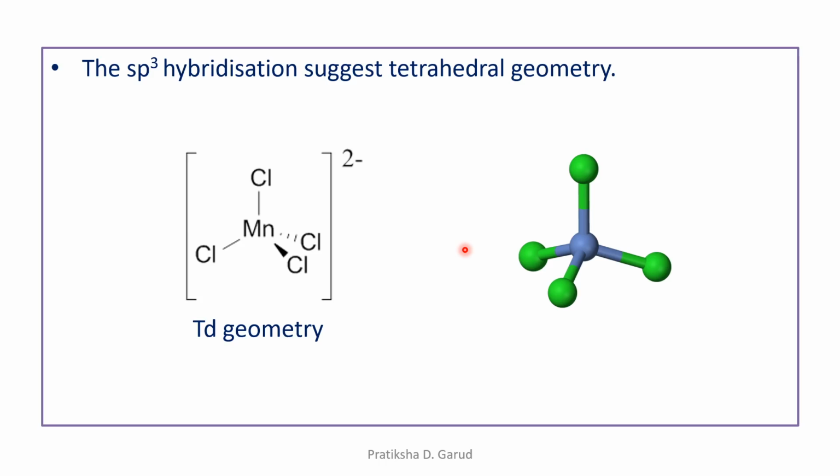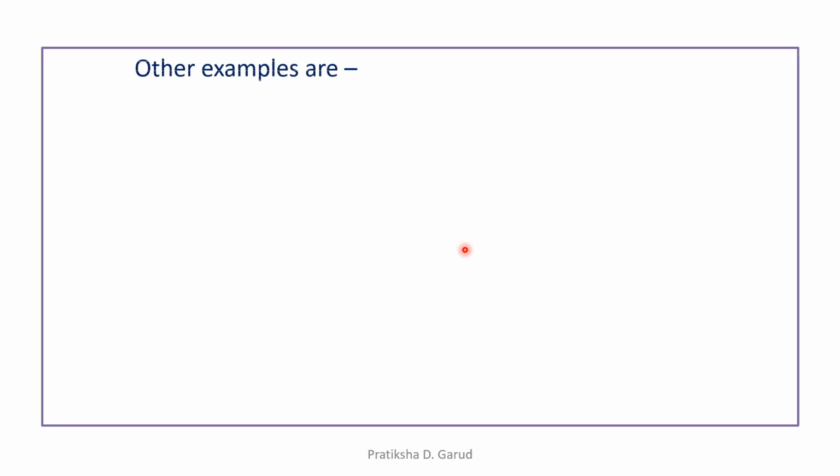Then, the other examples for the tetrahedral complexes are Ni(CO)4, nickel tetracarbonyl.